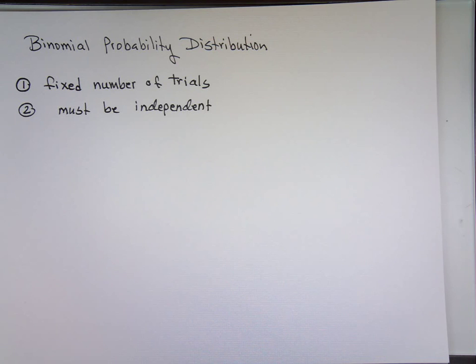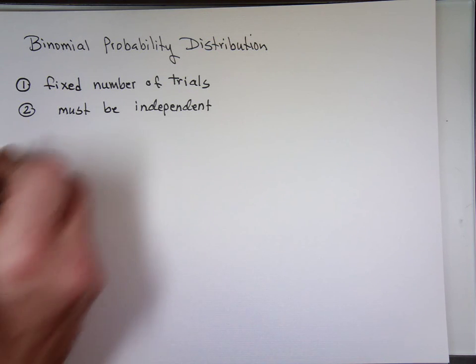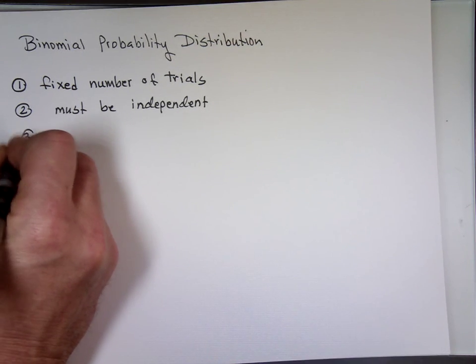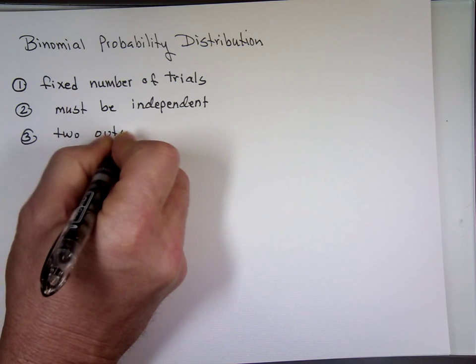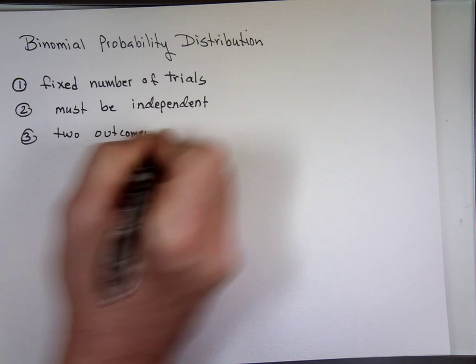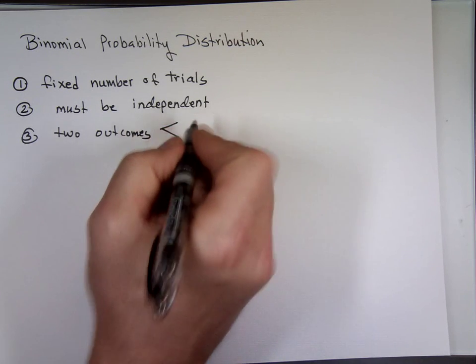The next one, they must have 2 outcomes or be reducible to 2. And we call the outcomes success and failure.